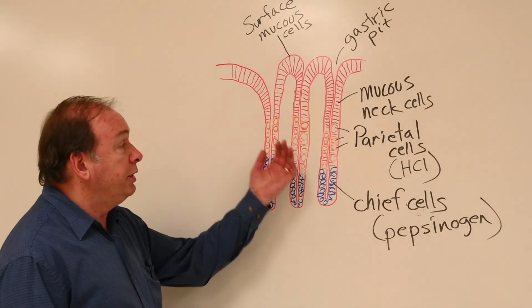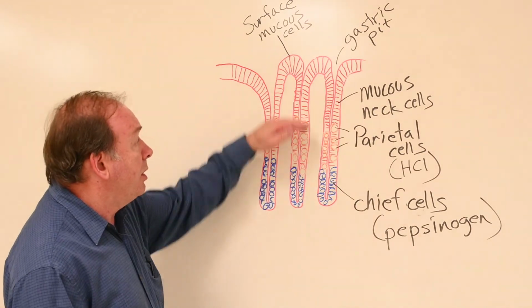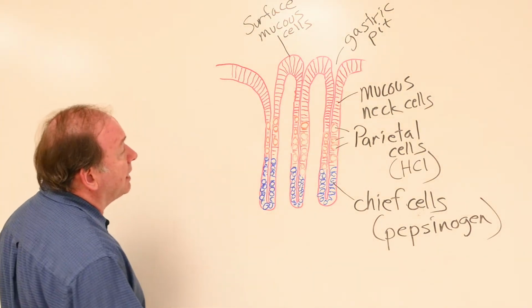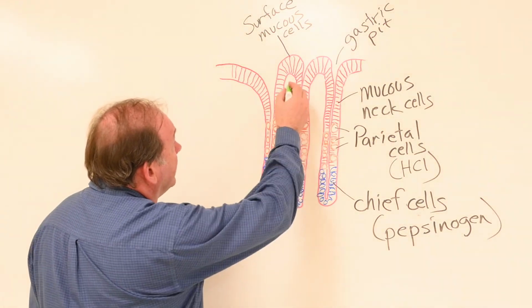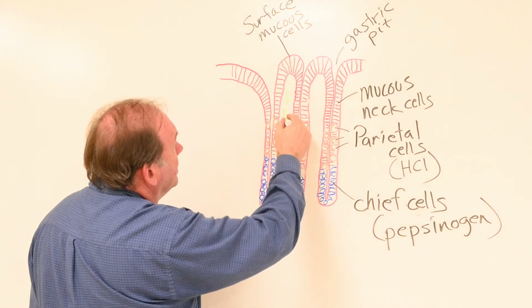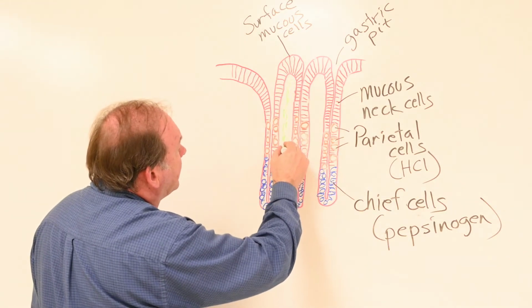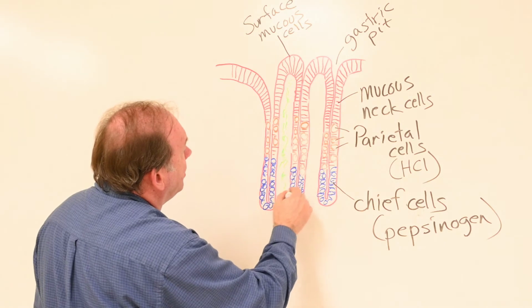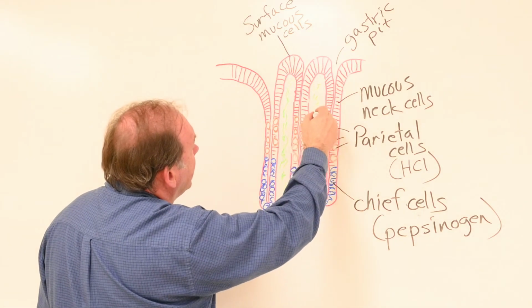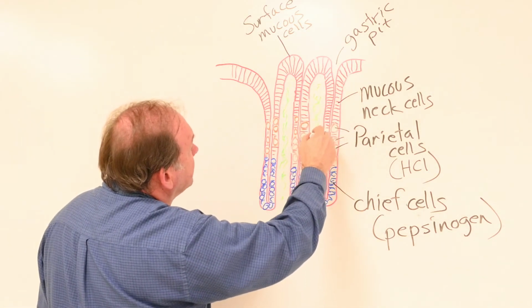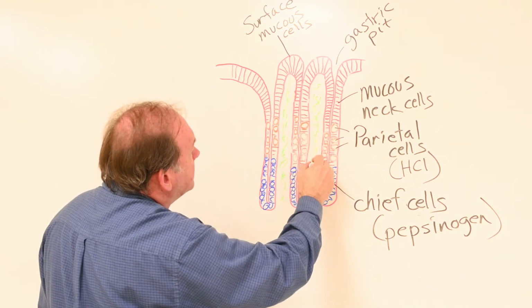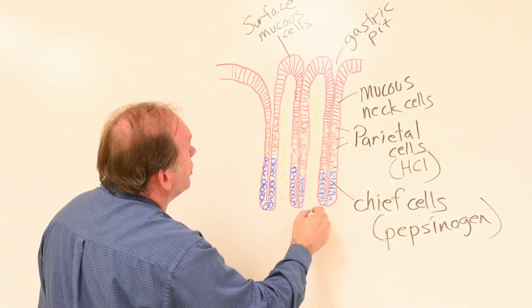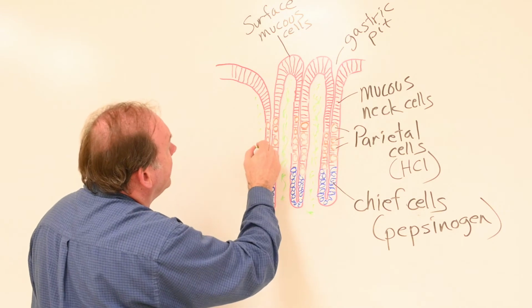Now we're going to add more tissues to this stomach wall. Now that we know what the epithelial lining of the stomach is like, in between the gastric glands we have quite a bit of loose connective tissue, lymphocytes, blood vessels, even some smooth muscle cells mixed in there.